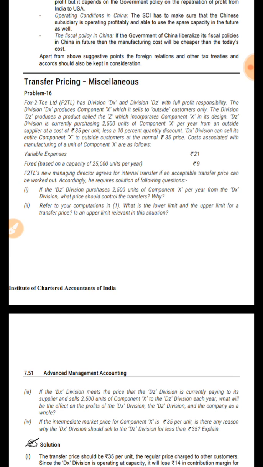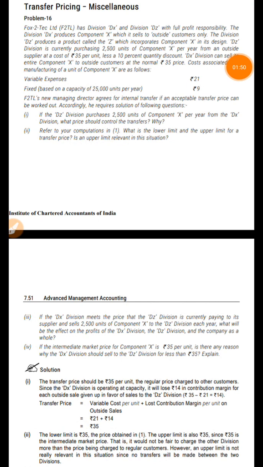So it is a very basic problem. F2TL is having two divisions, DX and DZ. DX is producing some component X, and DZ is also producing some product Z, and in that Z it is incorporating component X, and that component it is purchasing from outside market at Rs 35 less a discount of 10%.